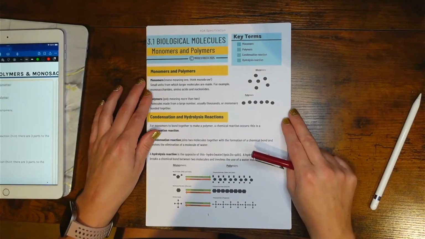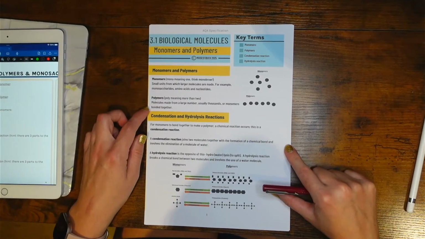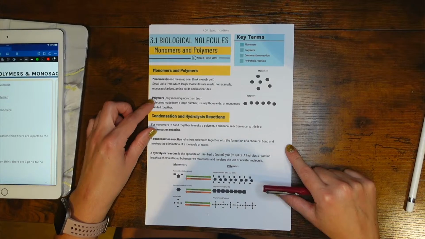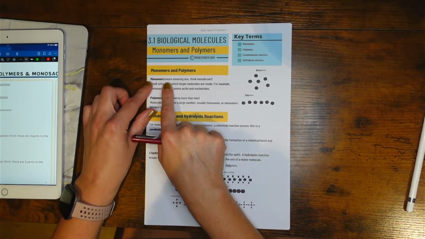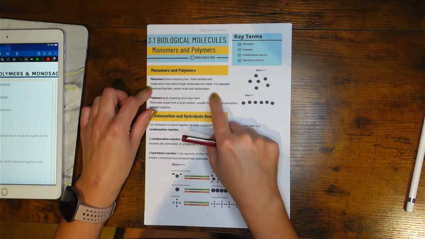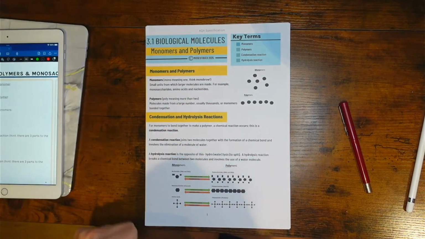So the very first part of Year 12 content is monomers and polymers. And that actually covers a lot of what you would have known at GCSE anyway. So it's knowing that a monomer means one, and it's small units from which larger units are made. But what you do need to know is these examples.